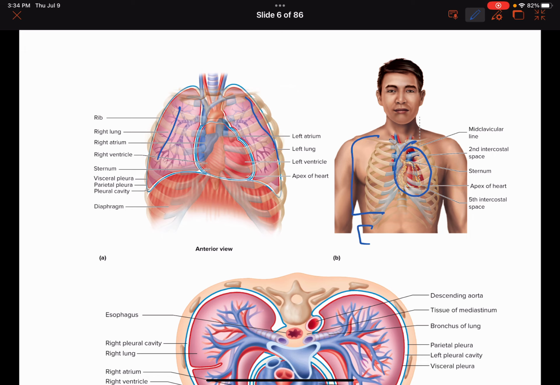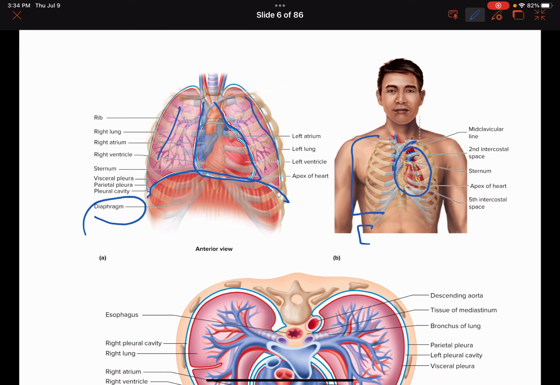This portion we call the mediastinum, which is a central compartment between the lungs. This portion is where the heart is located. The heart rests on the bottom on a muscular structure called the diaphragm.